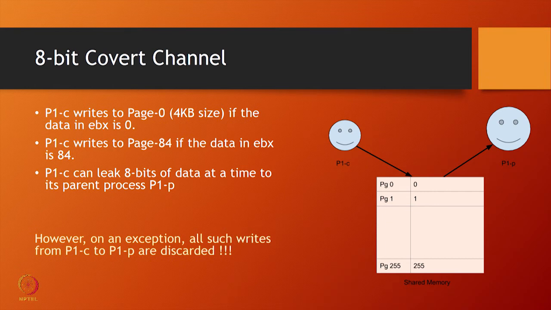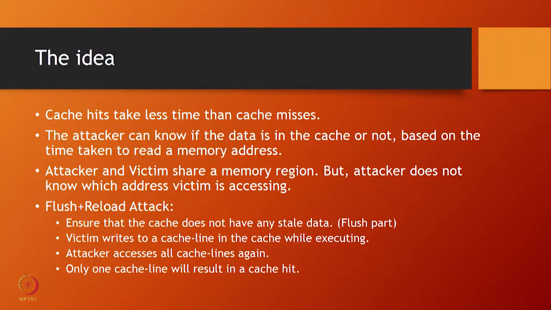Now all these writes also will get annulled, because once the exception comes, the hardware will discard all of them. So again I can't go back. The next challenge is the idea of the cache. What will the parent process do?